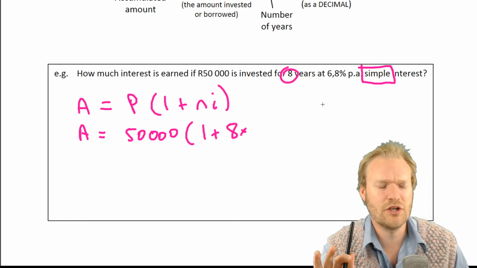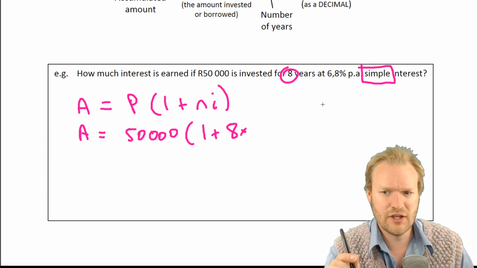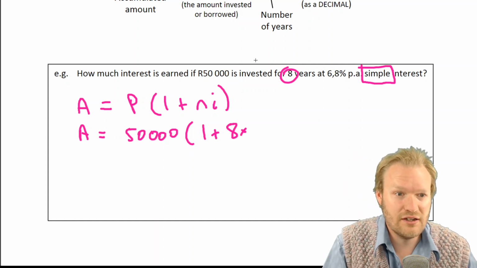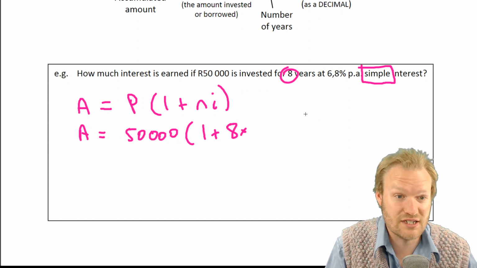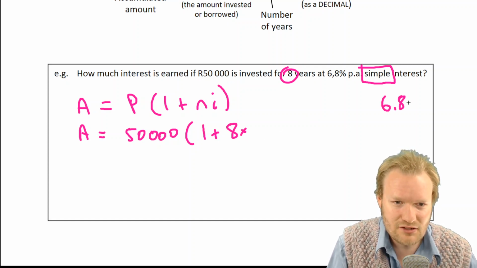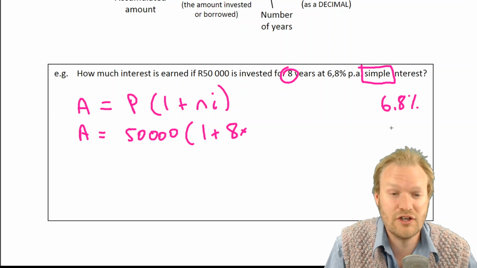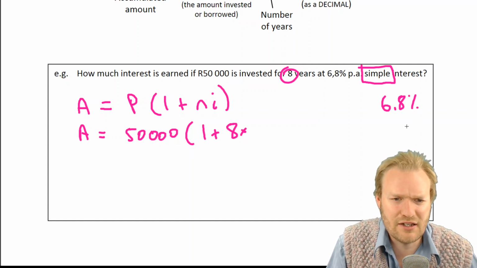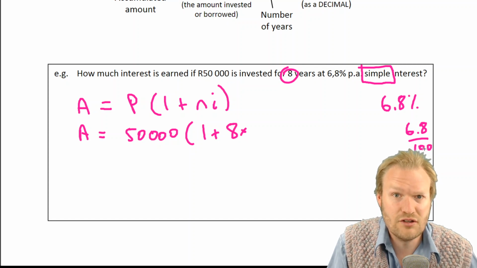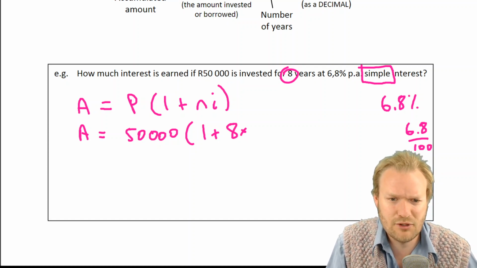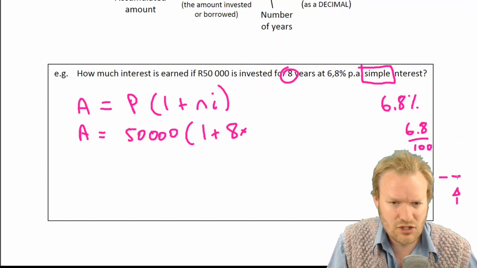Now the interest we want to use as a decimal, and we're going to get used to converting percentages to decimals. So 6.8%, if we want to convert it to a decimal, think of it like, if it's a percentage, it's over 100. If we look at the decimal places, where we've got something, comma, something, that's where your hundredths start.